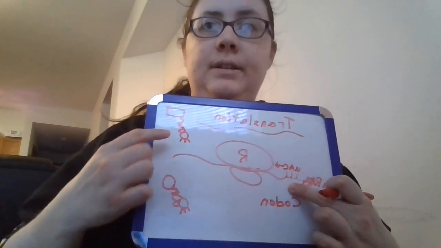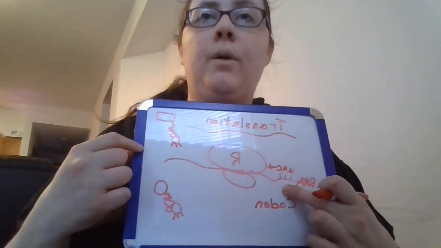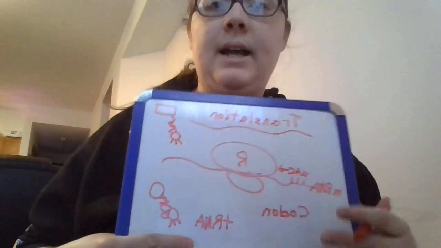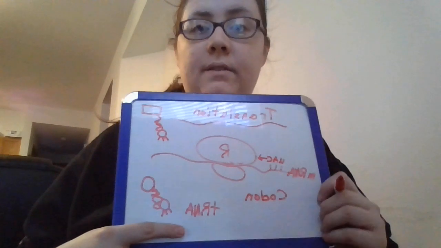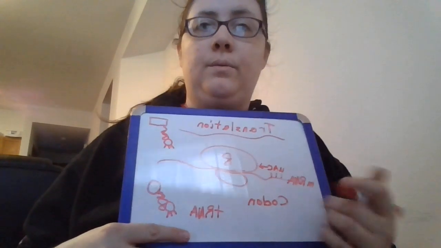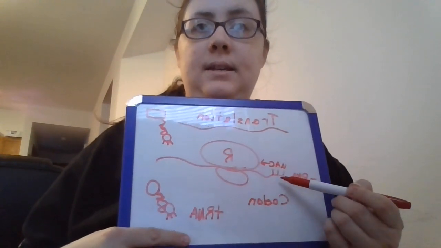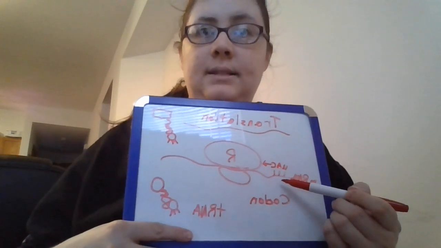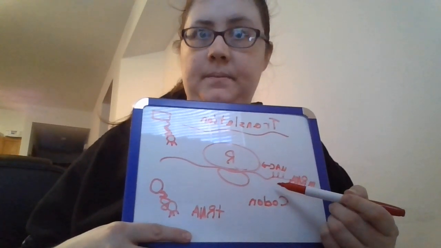These over here, these squigglies that I drew, are what are called tRNA molecules. And these guys are interesting and very, very important. So this ribosome is scooting along. It sees a codon that says, hey, it's time to start making a protein.